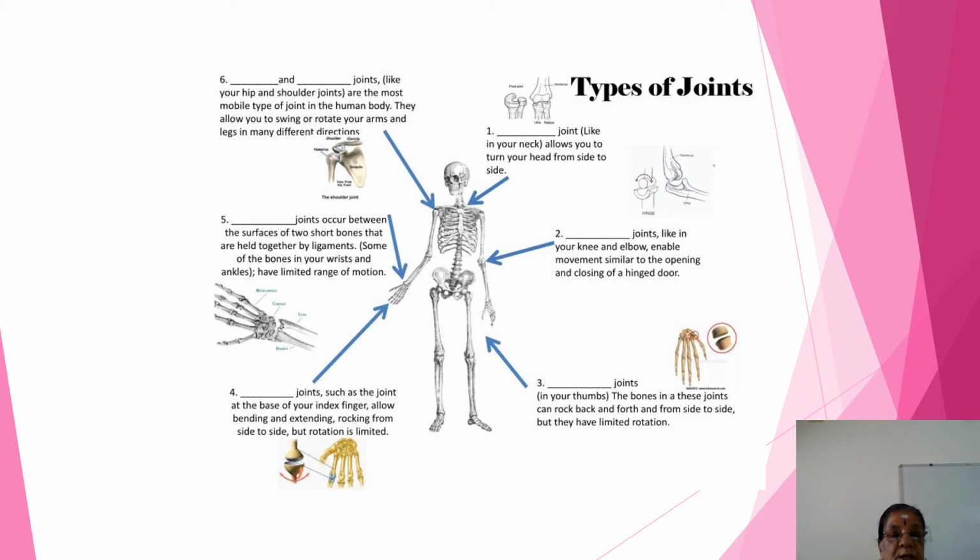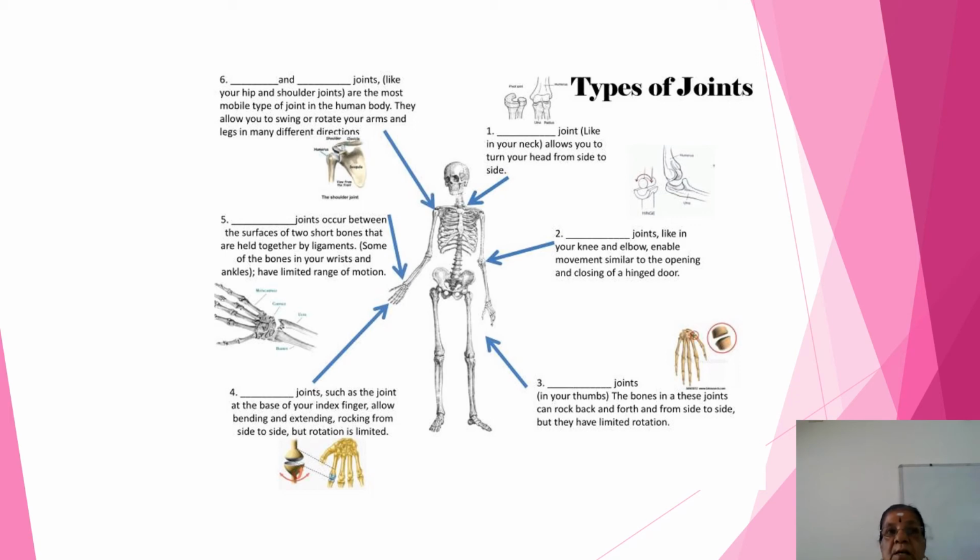Then sixth one, dash and dash joints like your hip and shoulder are the most mobile type of joint in the human body. Mobile type na showing movement. They allow you to swing or rotate your arms and legs in many different directions. I hope you understand.